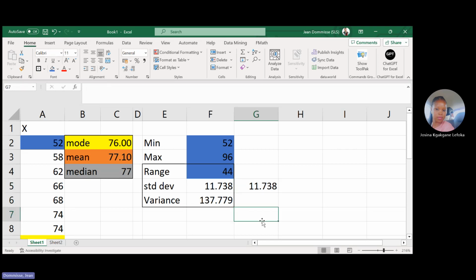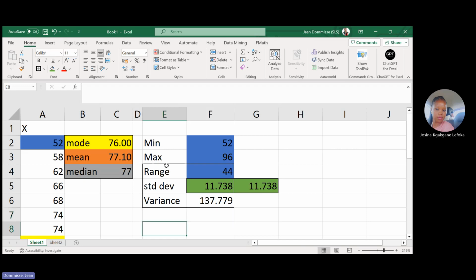If you use this for a new data set and that doesn't reflect the same, there is an error somewhere in your formulas. So when we change this data, these two numbers should be the same, because the one is just the square root of your variance.